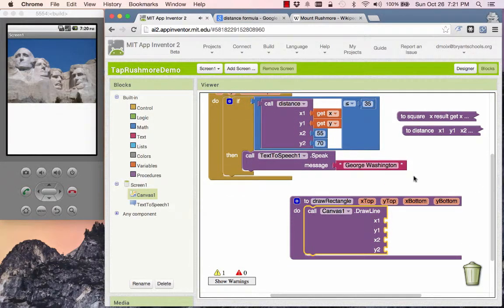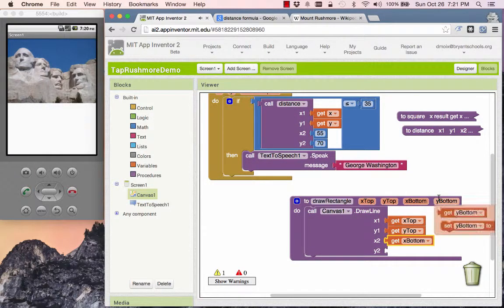And let's just draw this from the XY pair from the top to the XY pair at the bottom. And I would expect this to draw a diagonal line like so on the thing that we tell it to.